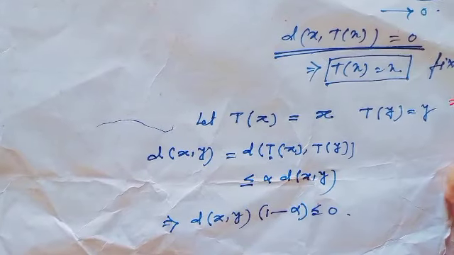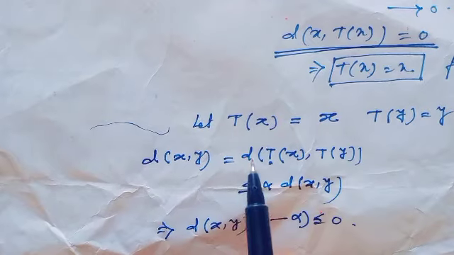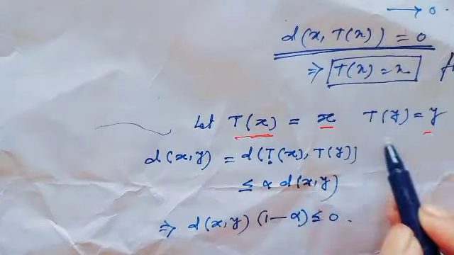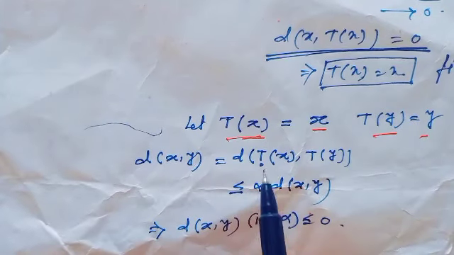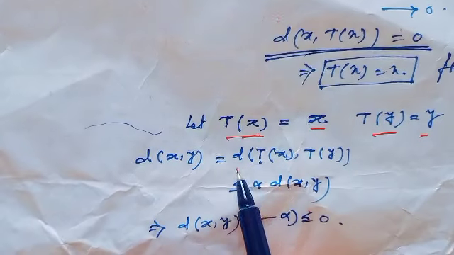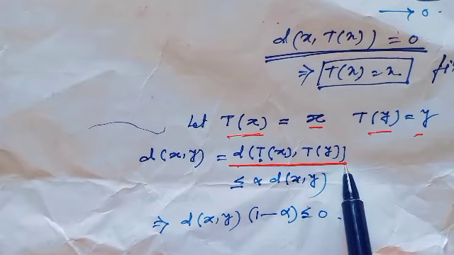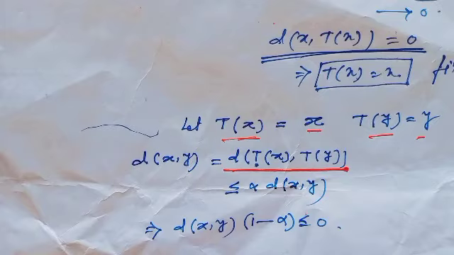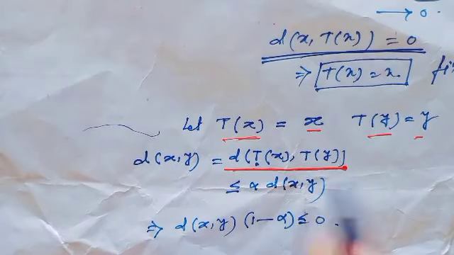That means we have to prove x equal to y. d of x comma y, where x means t of x and y means t of y. Then just put the value. This is equal to d of tx comma t of y. By the contraction mapping theorem, this is less than or equal to alpha times d of xy.